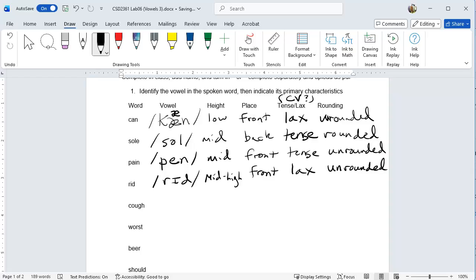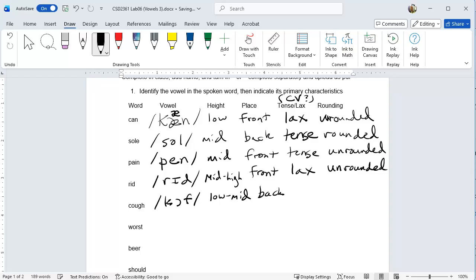Next up we have cough. Cough. That's an example of that aw vowel that some of you don't have. That is a mid-low or low-mid. I guess maybe I'll go with low-mid this time just to be irregular. It is over in the back.